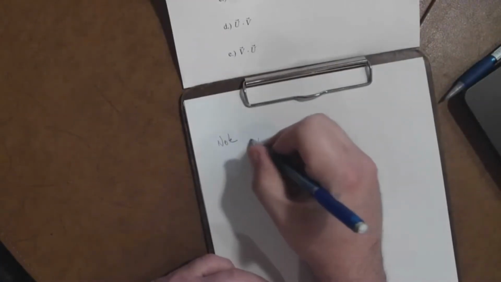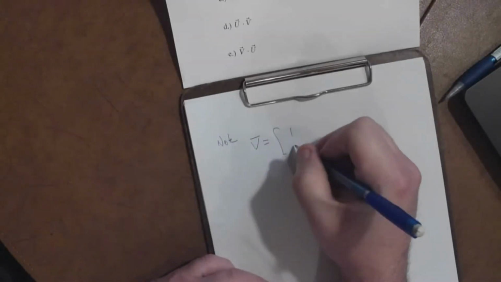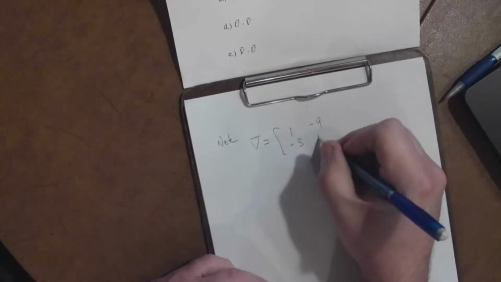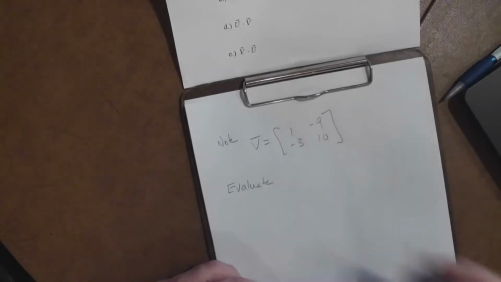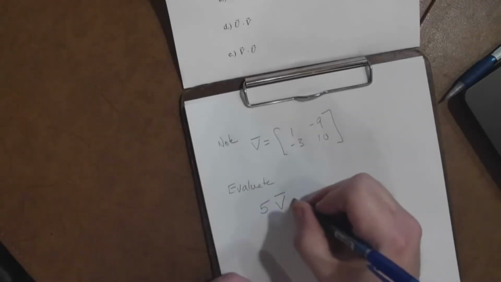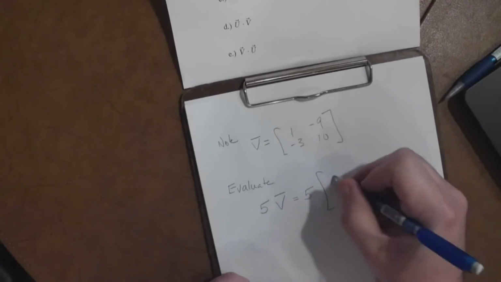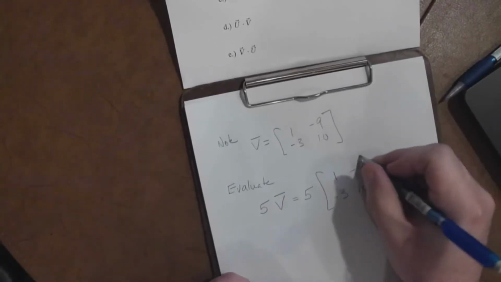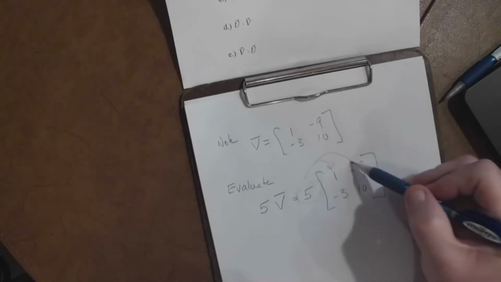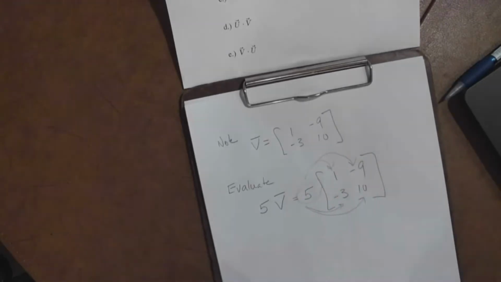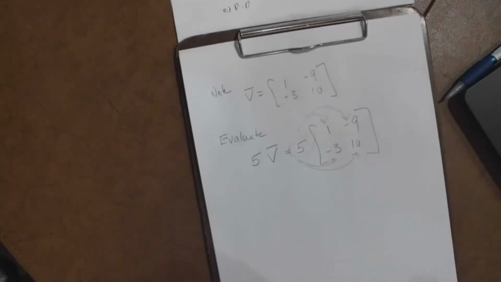sheet of paper here. Matrix V is equal to the matrix 1, -9, -3, 10, and we're being asked to evaluate 5 times matrix V. Now, 5 times matrix V is 5 times this matrix, where what happens in this matrix product is that this scalar multiple is going to distribute itself to every single location in the matrix, so every single value found in that matrix is going to be multiplied by the value of 5.